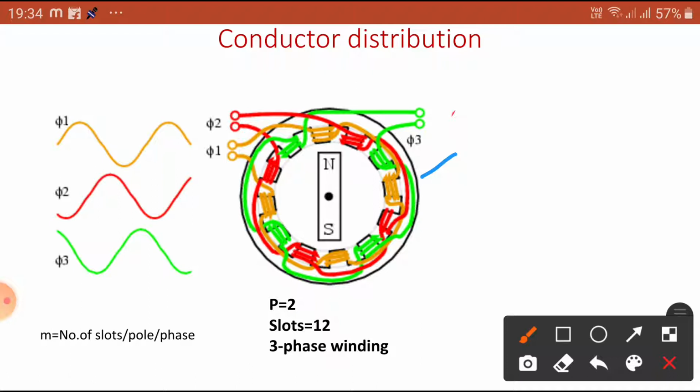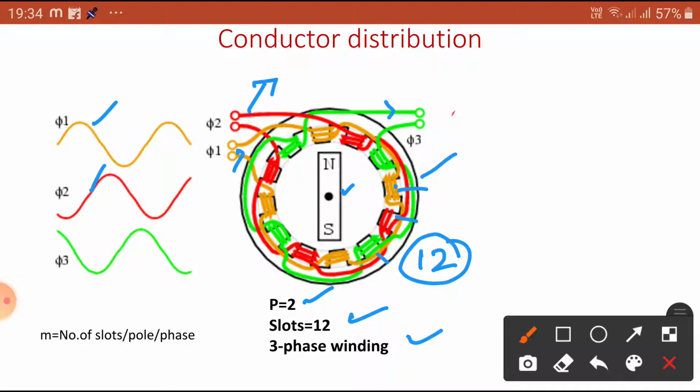It consists of 12 slots, you can see here. Poles are 2, three-phase winding. Here you can see the red color is one phase, the yellow color is another phase, and the green color is another phase. So these windings produce the fluxes in a systematic way.